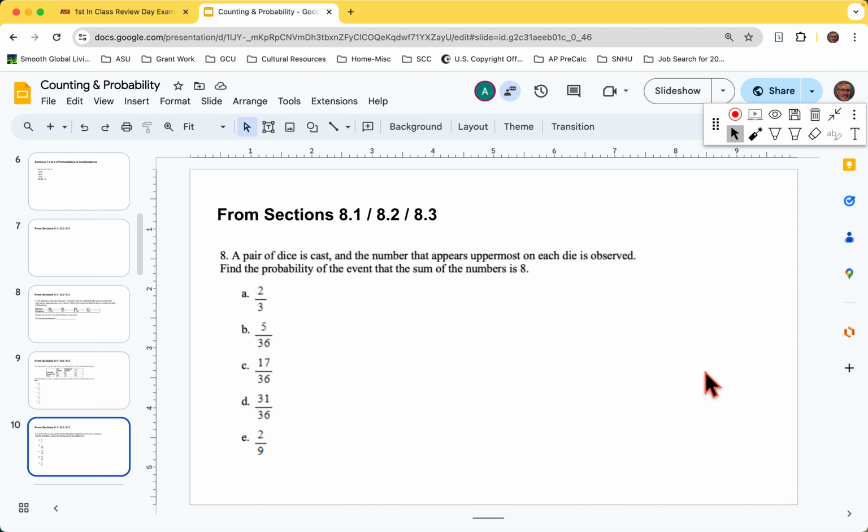Remember, you've got to think back to how we could count this. 2 dice, sum is 8. We've got the answers here, but you've got to think.